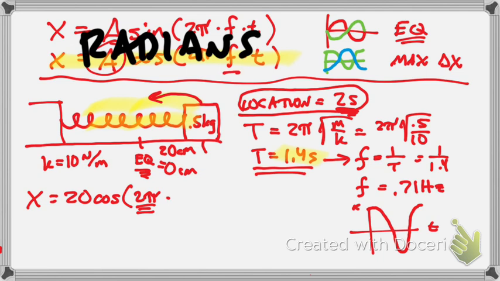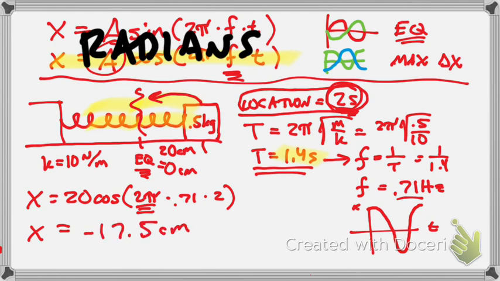Times frequency. Our frequency is 0.71 times the time that we want to know. So we're looking for where it is going to be after 2 seconds. Multiplying this all out, and again, I'm thinking it's going to be on its way back to equilibrium, or at least in that roundabout area. 20 cosine of 2 pi, or 6.28, times 0.71 for frequency, times 2 seconds, is going to give you a value of negative 17.5.